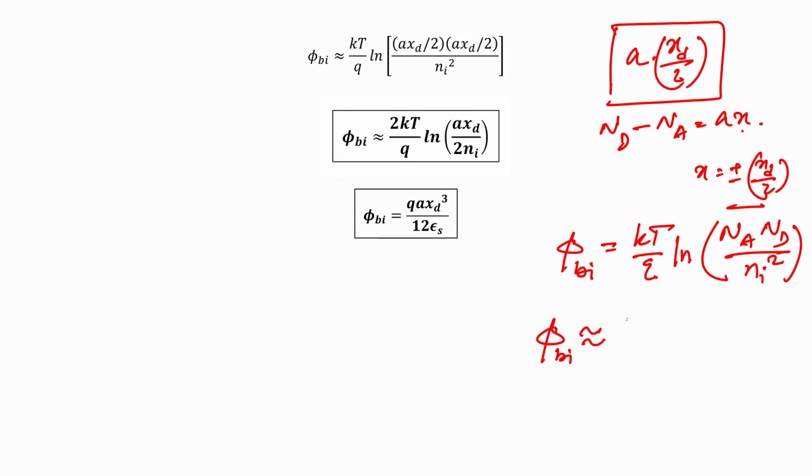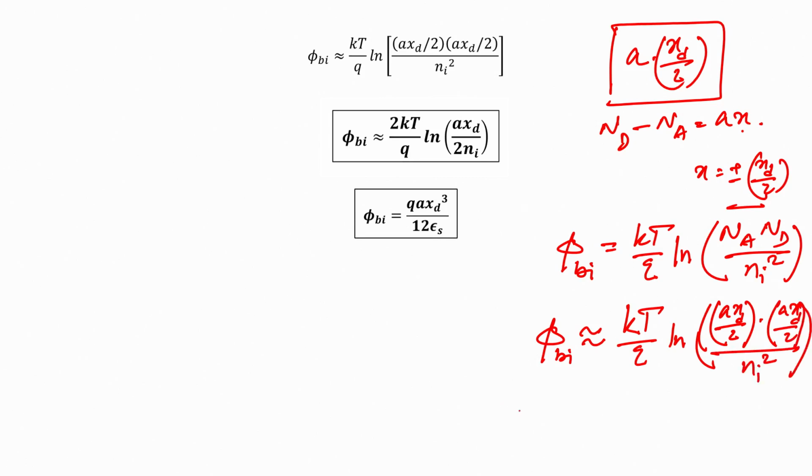Built-in potential equal to kT by q ln, instead of Na Nd now we use the doping density obtained at the two edges of the depletion width, given by A xd by 2 into A xd by 2 by Ni square. So this will be equal to kT by q ln of A xd by 2 Ni, whole square.